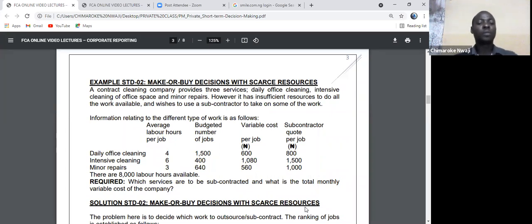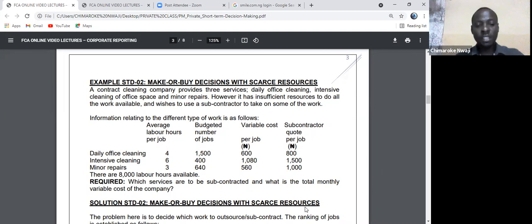So your 8,000 hours is the full capacity that you can work, the labor hours available. And there is no way you can take a 10,320 hours job and do it in 8,000 hours. That means you have got to subcontract some of these jobs if you must meet your targets.